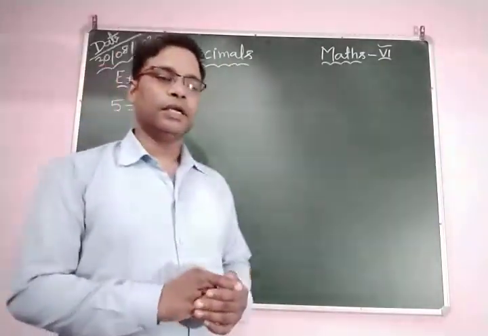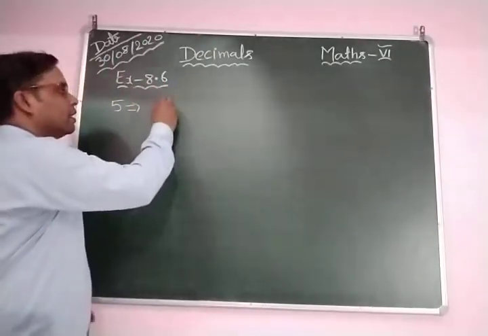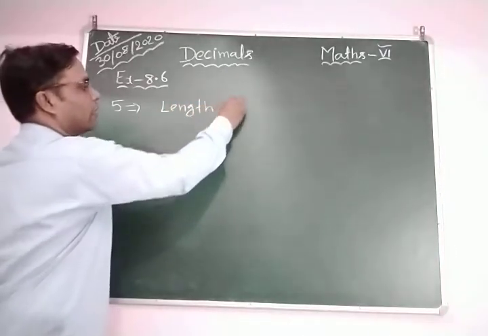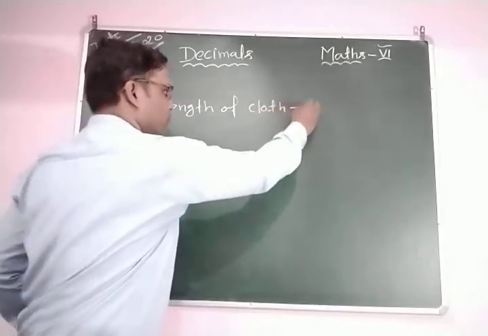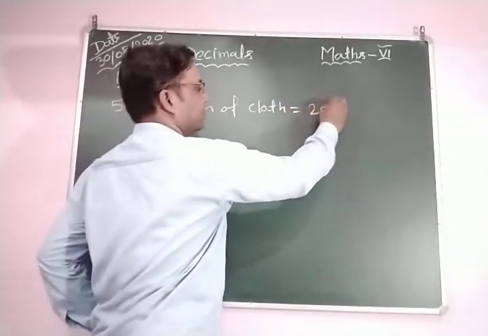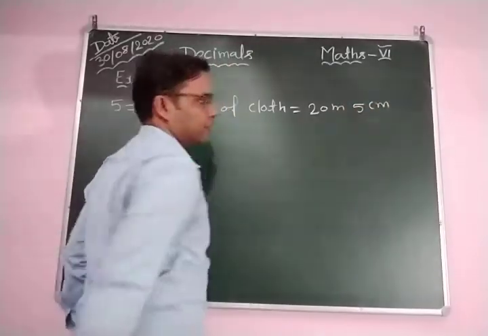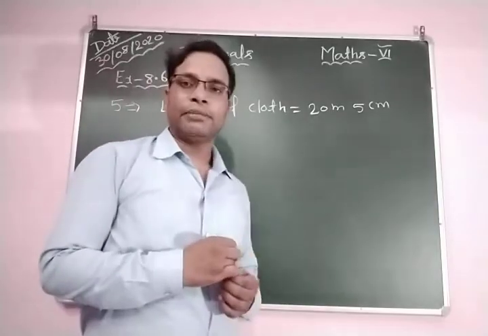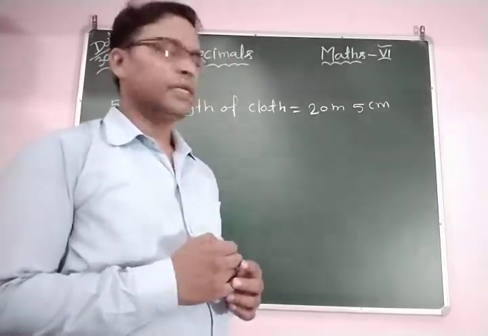Length of cloth is 20 meter 5 centimeters. So first we write here, length of cloth is equal to 20 meter 5 centimeters. Okay, so first we convert these centimeters into meters, so we can add them easily.